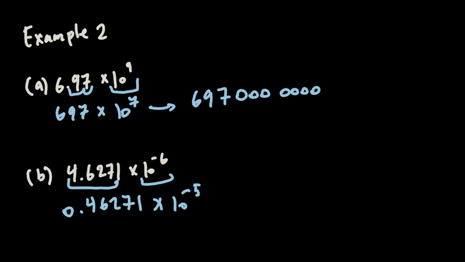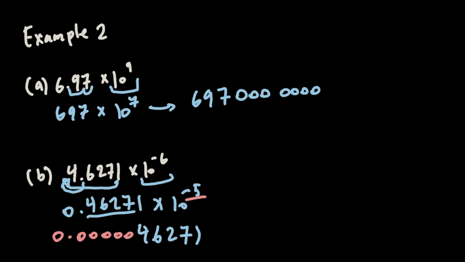I've just moved this decimal place here, I put it here, and now we will just add zeros for the minus 5. So here we will have 0.00000 with 5 zeros, and then we will take this number here.